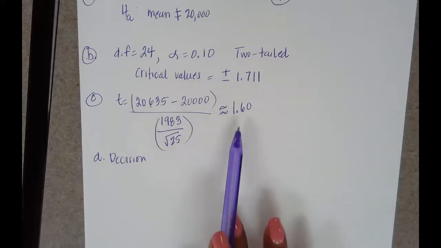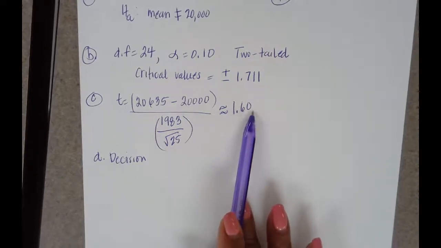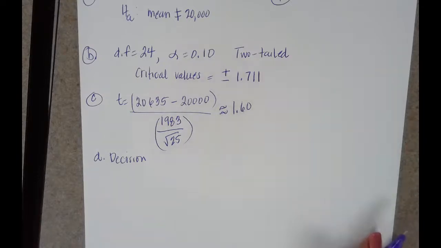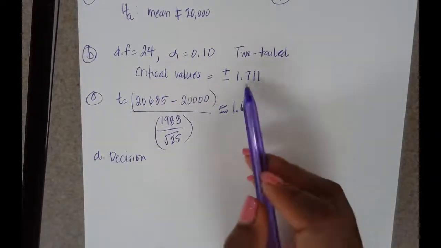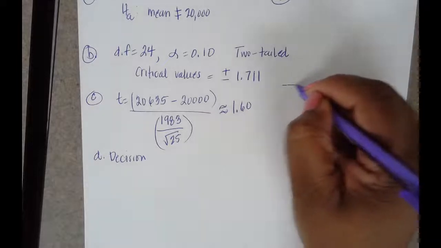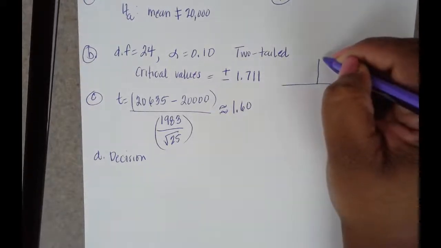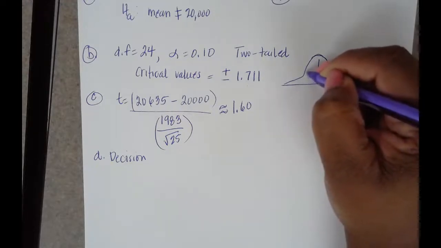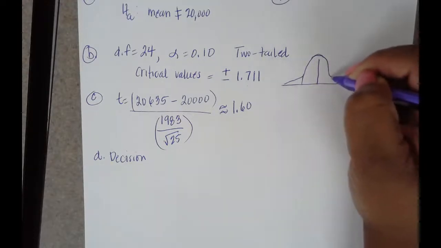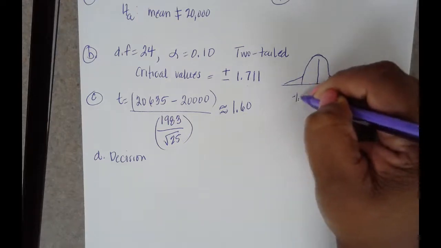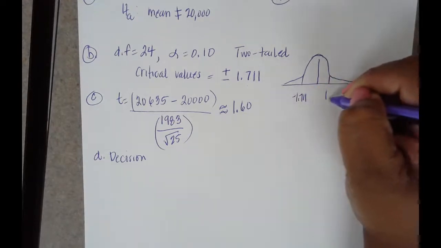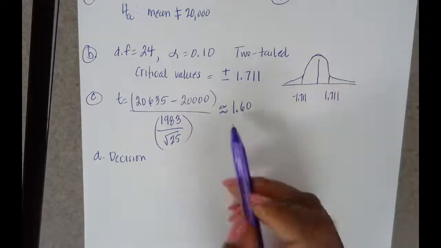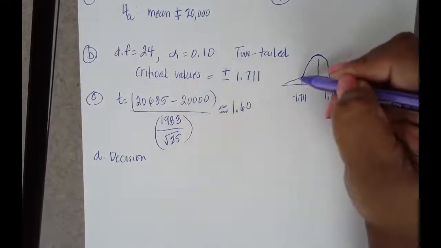So 1.60, when I compare that or look for where that would be, remember in a two-tail test, remember the graphic that we created, this has a critical region negative 1.711 and 1.711.